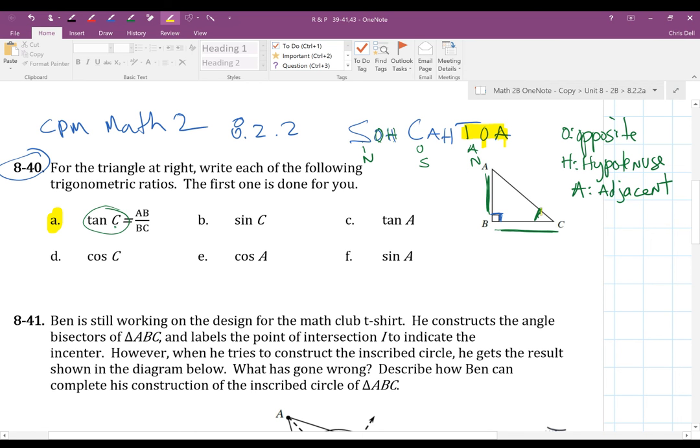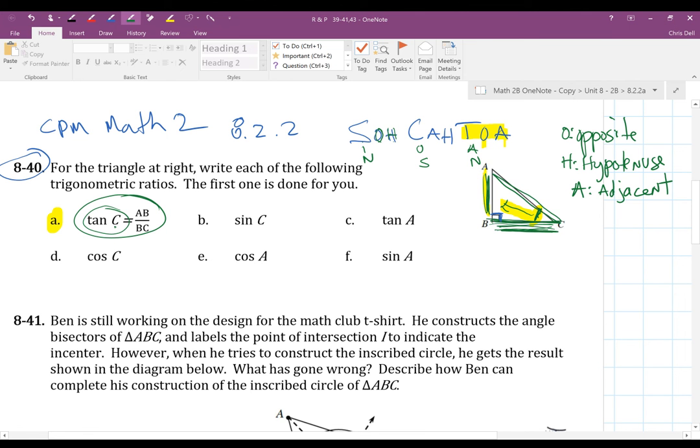The opposite of C is the side it opens up to, AB. Adjacent is the side length that creates the angle but is not the hypotenuse, so BC is the adjacent. That's why the ratio is AB over BC.